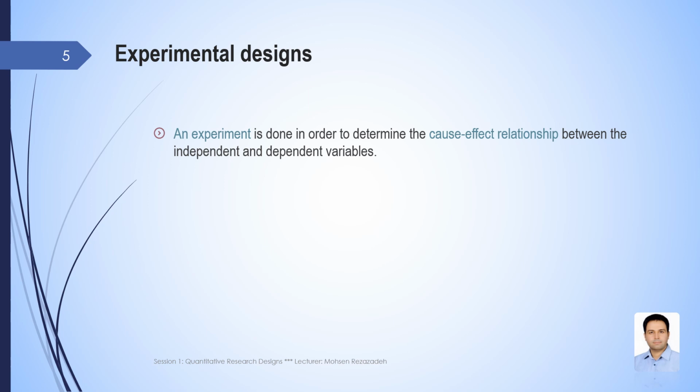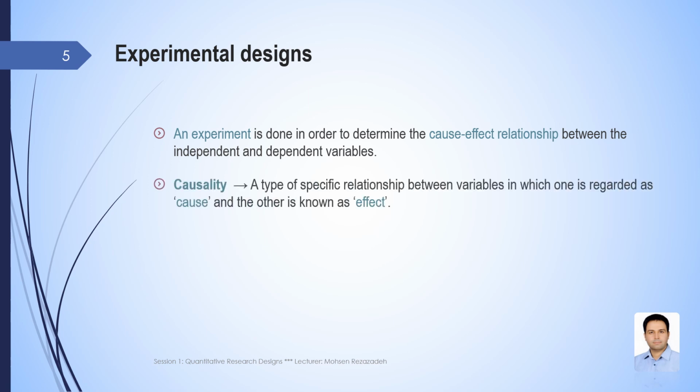Indeed, the researcher attempts to investigate causality, which is a type of specific relationship between variables in which one is regarded as cause and the other one is known as effect.